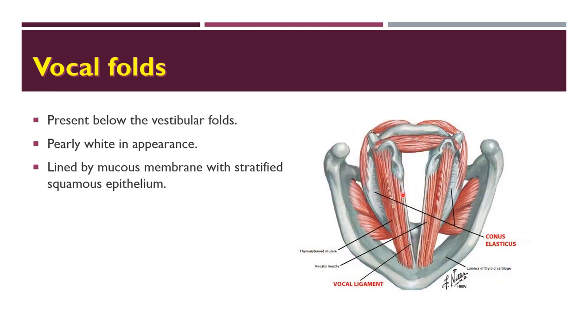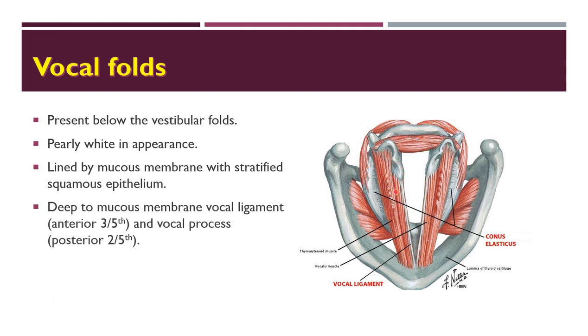After removal of the mucous membrane, you are able to see the vocal ligament, which forms the anterior 3/5, and the vocal process forming the posterior 2/5, and lateral to it you see the vocalis muscle. The vocalis muscle is the medial detached part of the thyroarytenoid muscle.